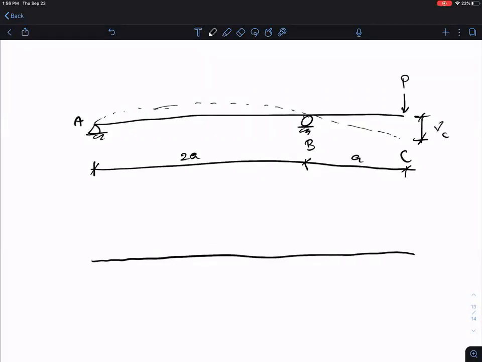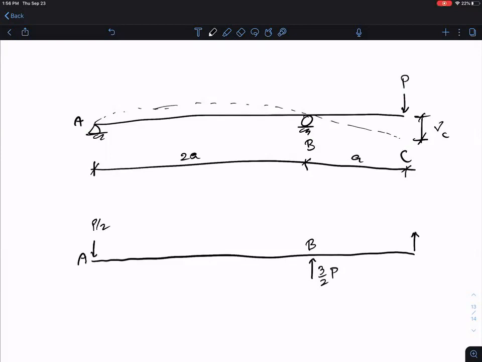And if we do that, we will get that the reaction at point B is 3/2 P upwards, so it's positive, and then the reaction at A is going to be P/2 downwards, so negative, right?